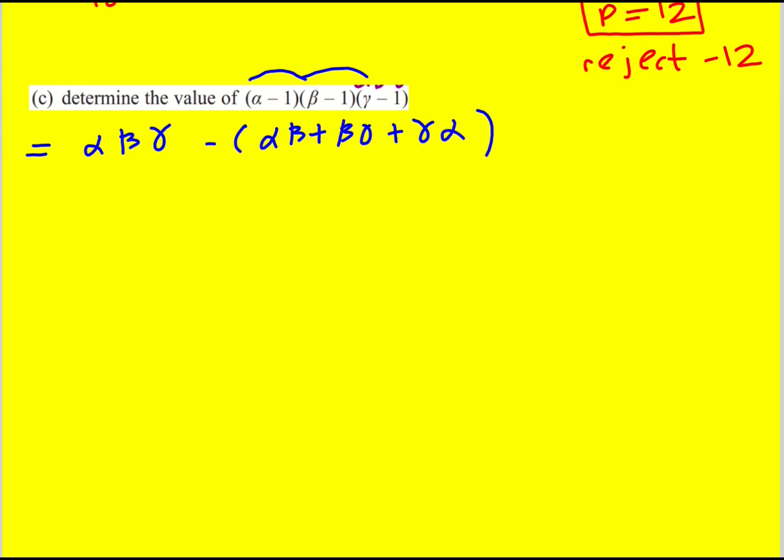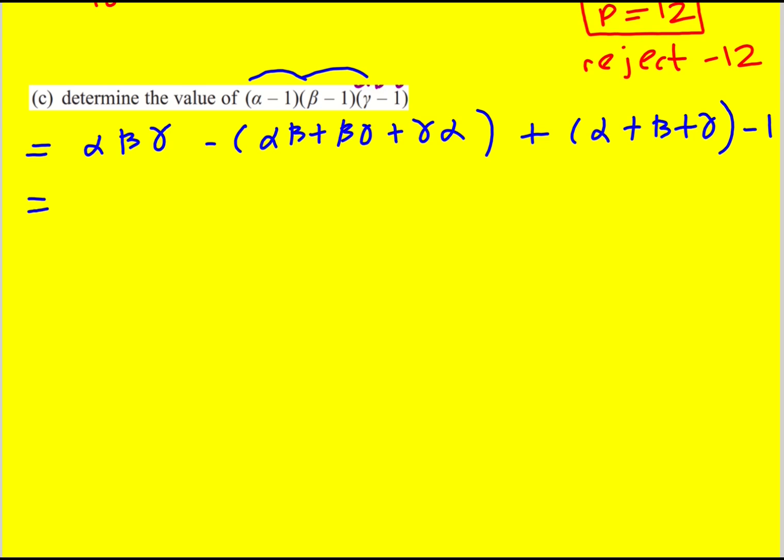And then I'm also going to do alpha times minus 1 times minus 1. Well, that would just give me alpha. But I'm going to get the same with beta. I'm going to do minus 1 times beta times minus 1, and I'm going to end up getting this. And finally, I've got my minus 1 times minus 1 times minus 1. Now that gives me 8 terms, which is what I expect, because I get 4 terms from the first two brackets, and then I would times each of those by gamma and then by minus 1.